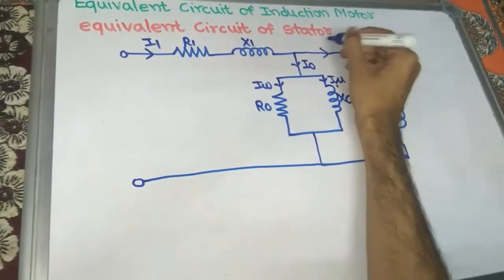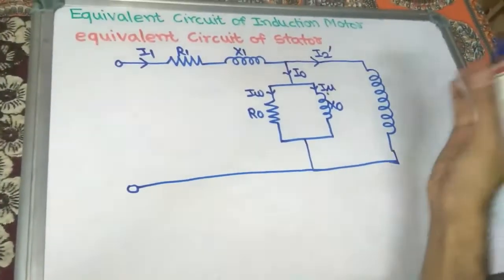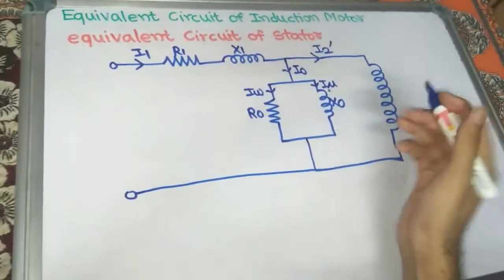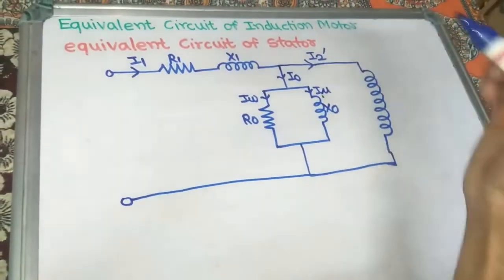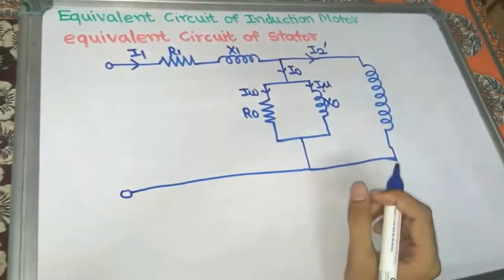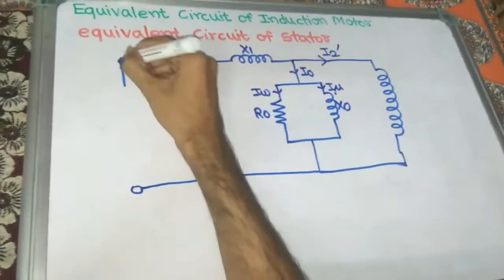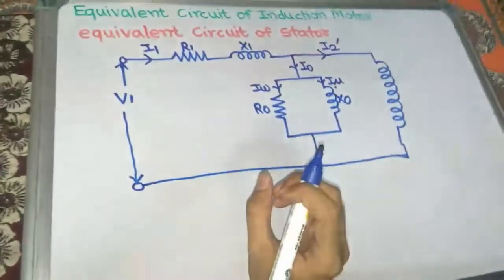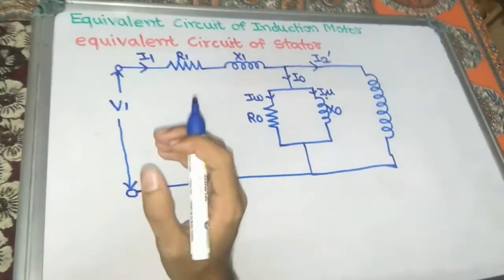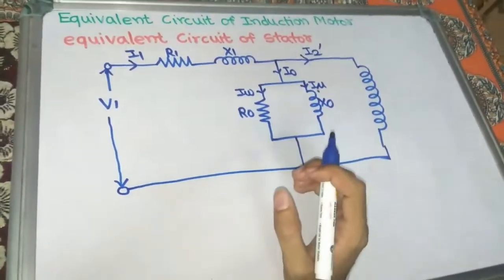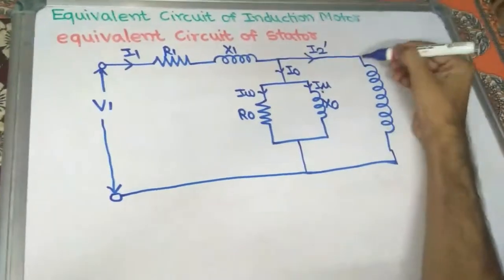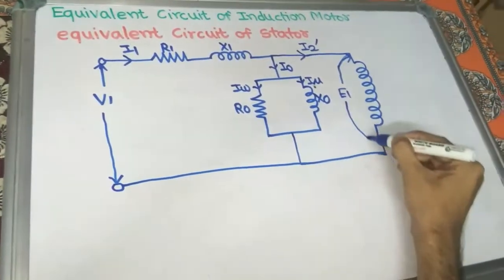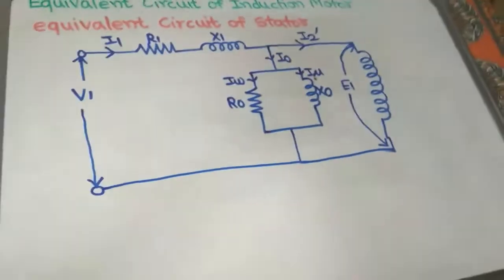In this branch flows the reflected load component of the secondary winding, means the reflected secondary current I2 dash. The applied voltage to the stator winding is V1, similar to the voltage we apply to the primary winding of a transformer, and the EMF induced in the stator winding is E1, the EMF induced in the primary winding.